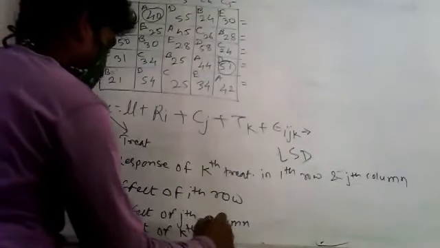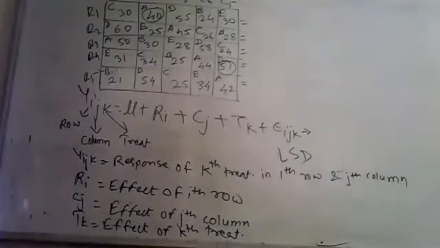If you add these values, you will get the total for the column. Then Tk is the effect of kth treatment. क्या है effect of kth treatment?